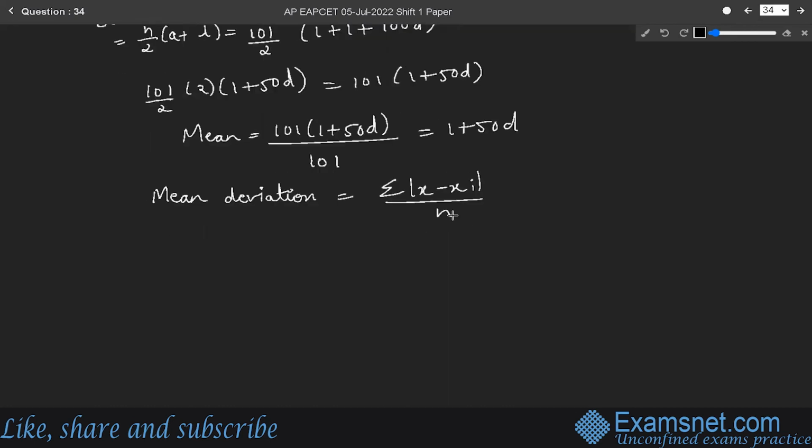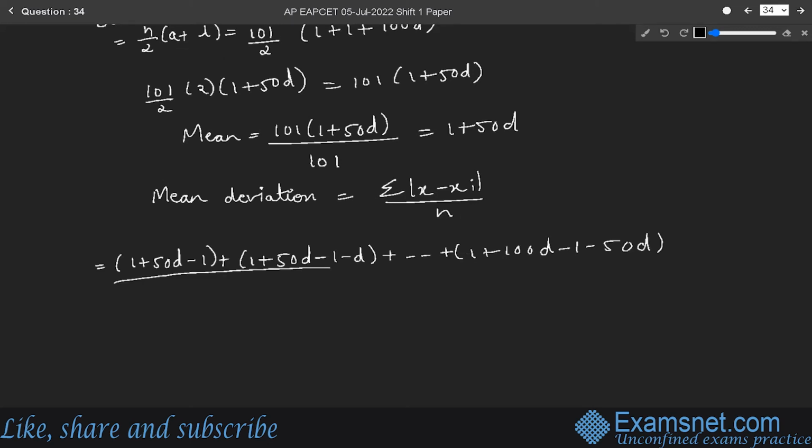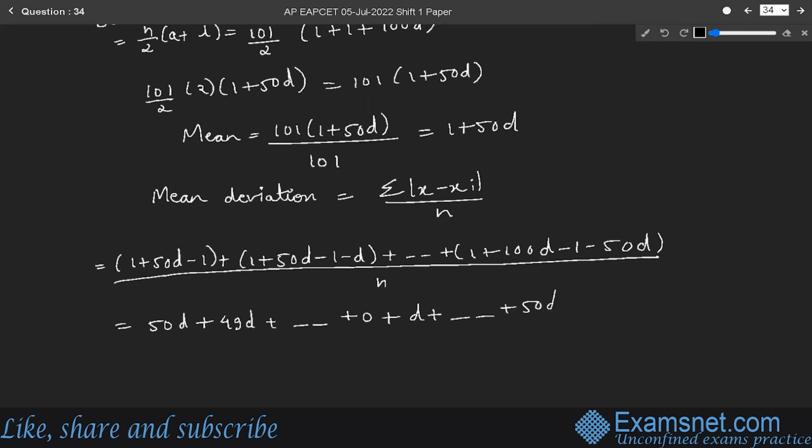On putting the values here, mean deviation will be equal to modulus of 1 plus 50d minus 1, plus 1 plus 50d minus 1 minus d, plus so on up to 1 plus 100d minus 1 minus 50d, whole divided by n, which is equal to 50d plus 49d plus so on plus 0 plus d plus so on plus 50d, divided by 101.